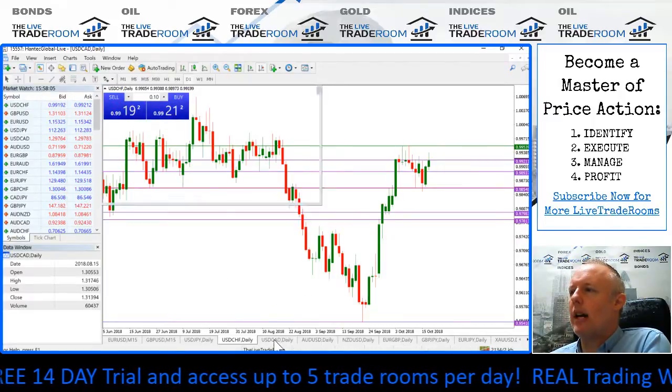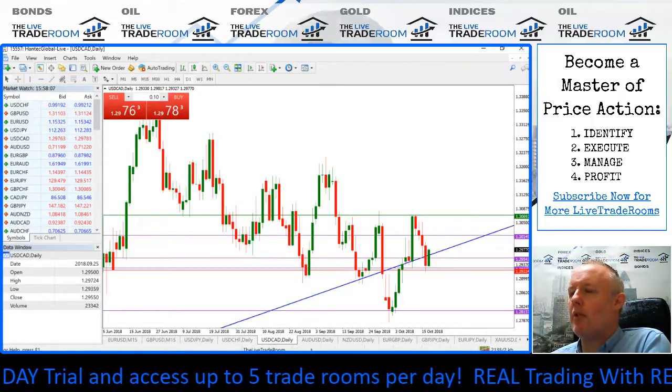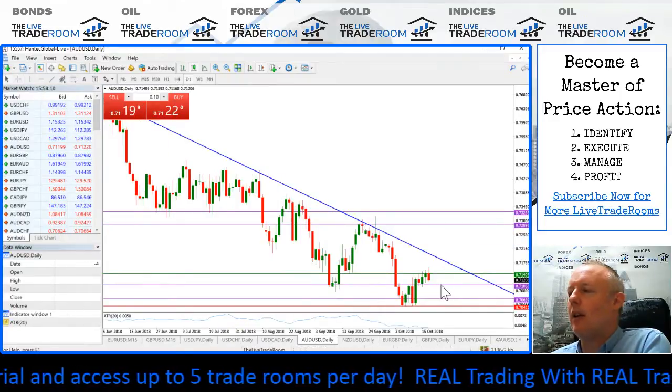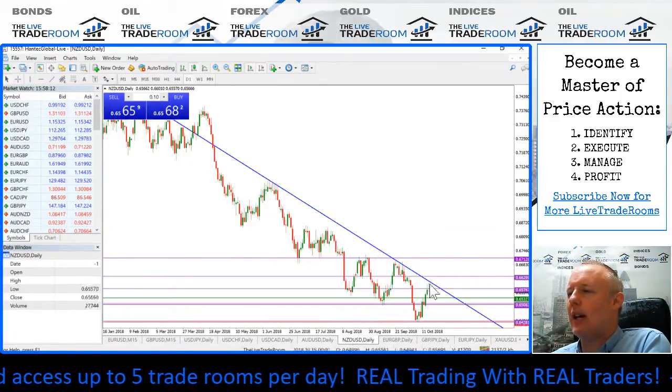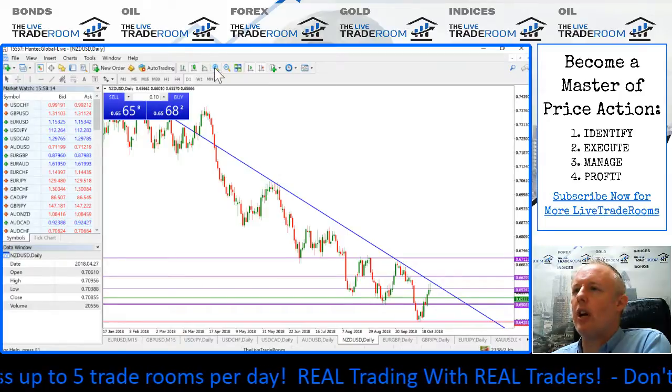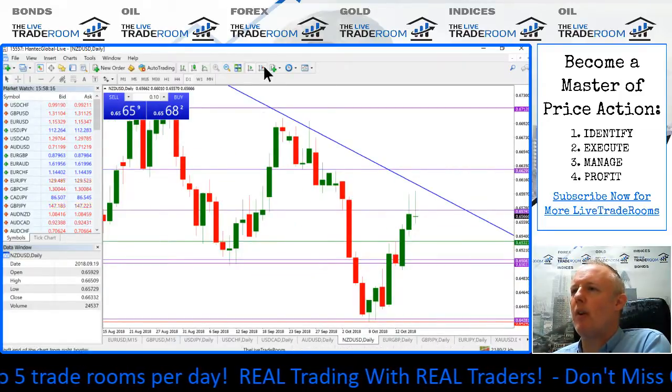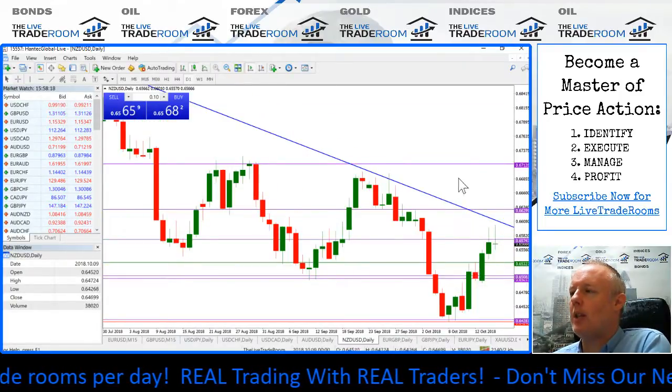Dollar Swiss, bit of a pullback off the highs, bit of strength in there against the CAD, weakness against the Aussie, and as you can see, a strong turnaround, which can give us opportunities tomorrow actually in perhaps the Aussie dollar and the New Zealand dollar.